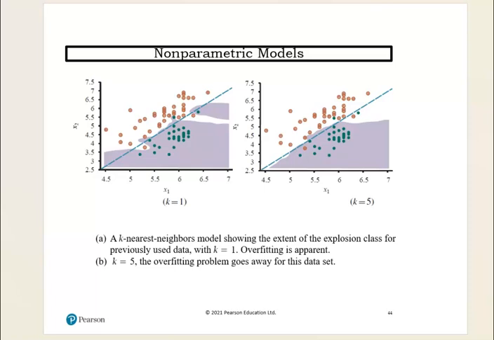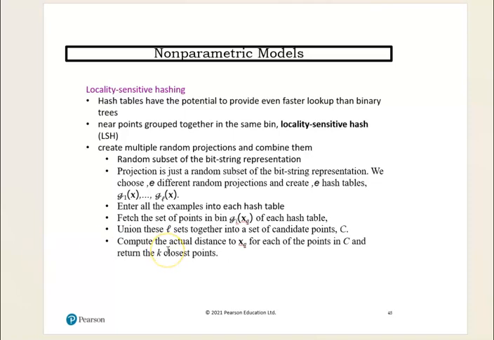So let's look then at some ways that people developed to speed up the search for neighbors in a higher dimensional space. So finding the nearest neighbor with some modifications to it.